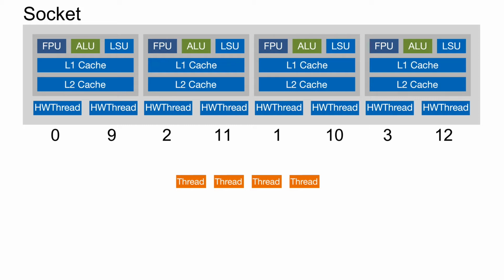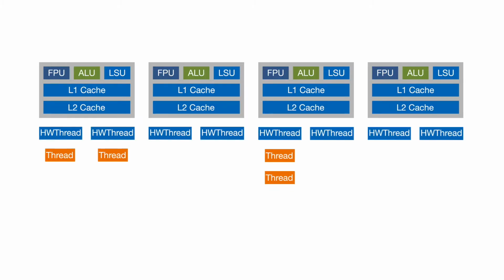We also refer to this operating system numbering as physical IDs. In our example, we have an application with 4 threads. The operating system might decide to put the first thread on the first hardware thread of the first core and the second thread on the second hardware thread of the same core, and the 2 threads that are left both on one hardware thread of the third core.